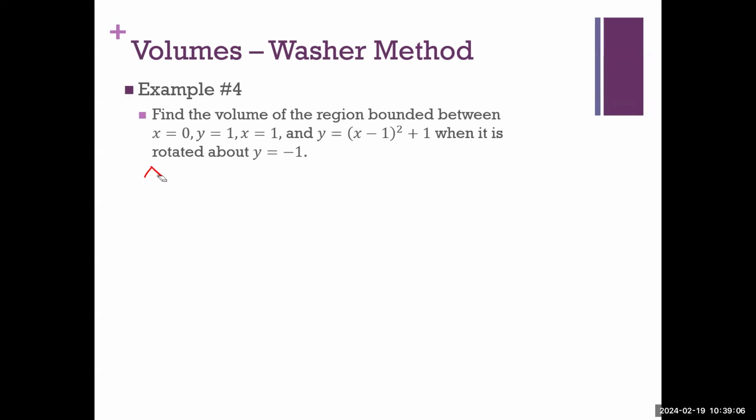I think I only care about, do I only care about the first quadrant? I definitely only care about the right half, right? So the y-axis is a boundary. The line x equals 1 is a boundary.